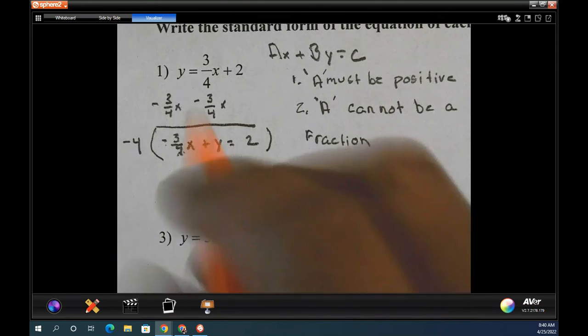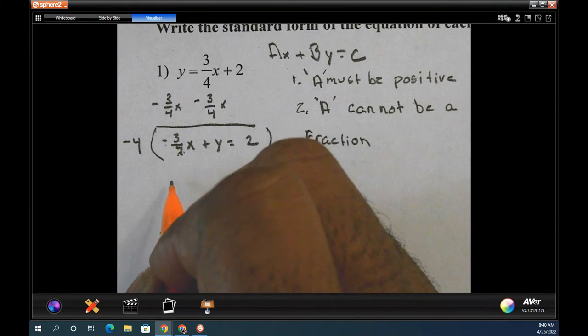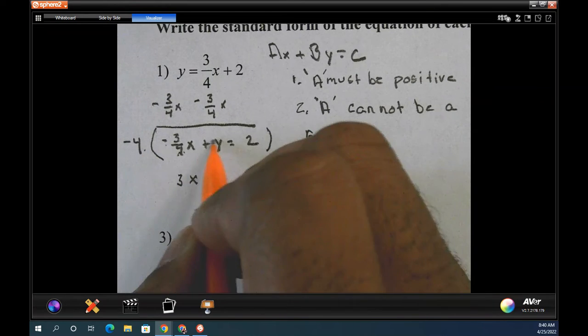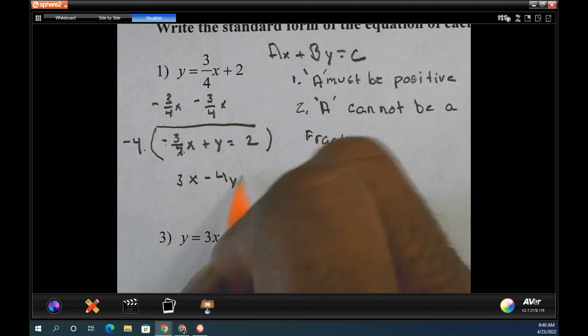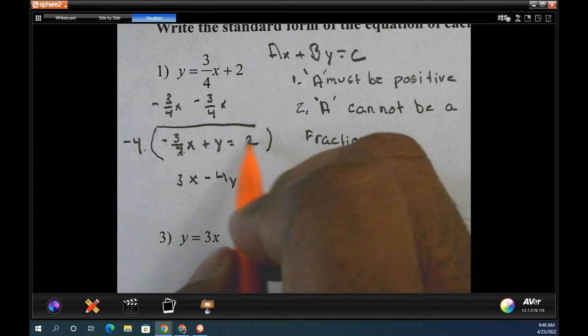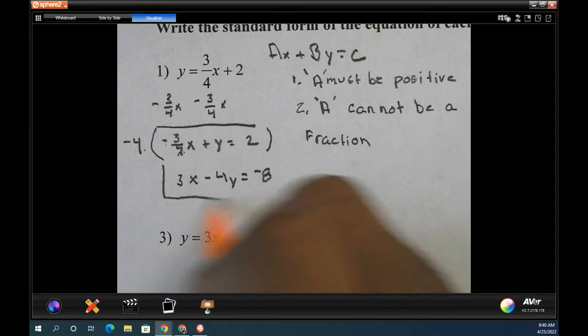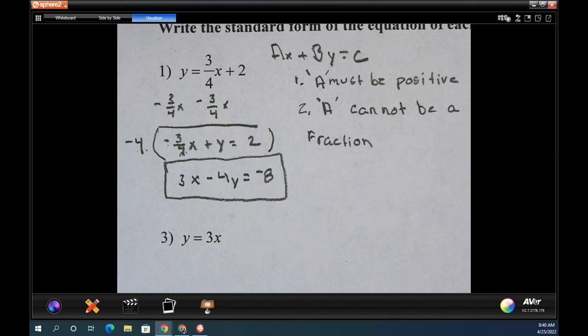They're going to cancel right here. So that's just 3x. Negative 4 times y is negative 4y, so it's minus 4y. It's equal to negative 4 times 2, which is negative 8. There's your answer in standard form.